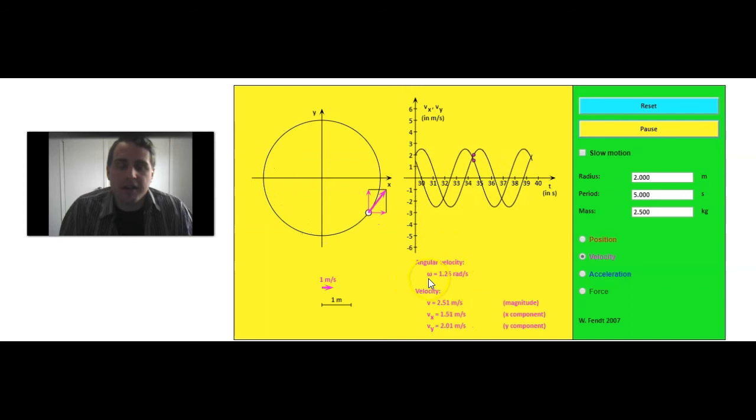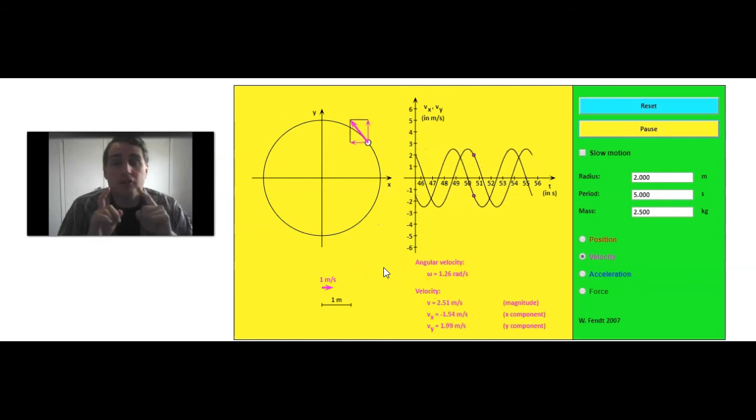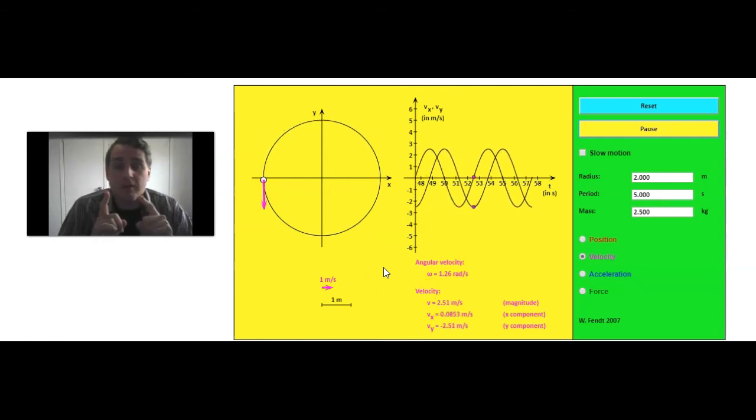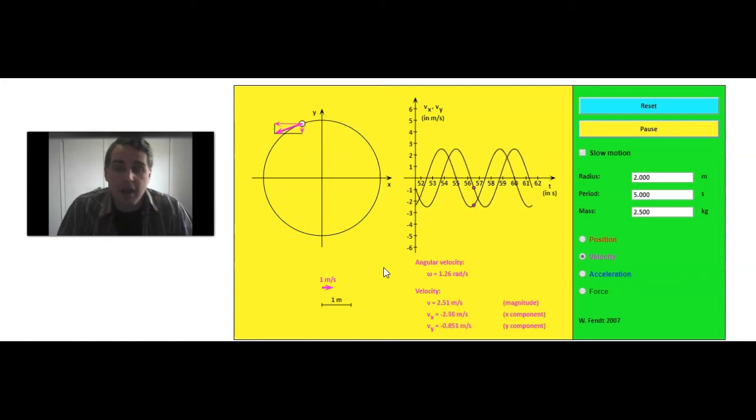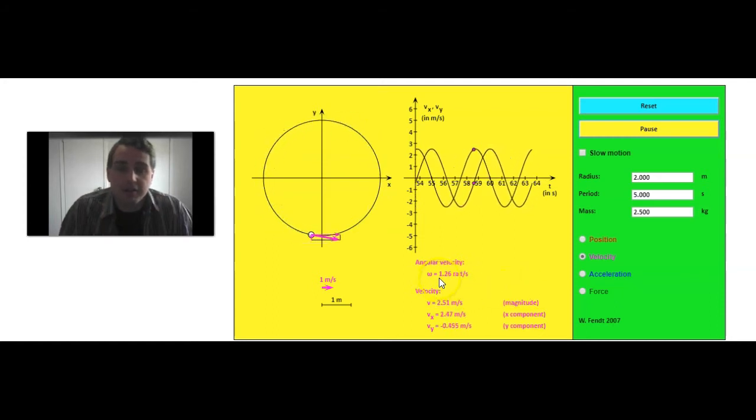Now the angular velocity is given the symbol omega, and notice that it's in units of radians per second. Notice it's 1.26 radians per second in this case. And that's because if we know the linear velocity and we divide by the radius, so if I take 2.51 and divide by 2, that's meters, that's the radius, I should get the angular velocity of 1.26 radians per second.